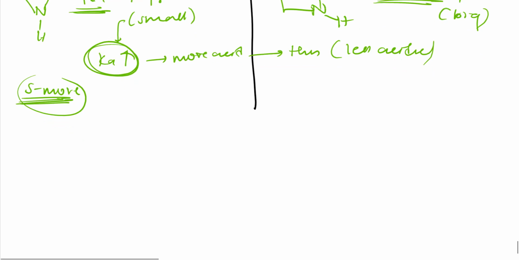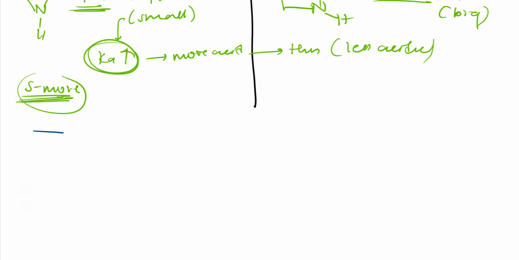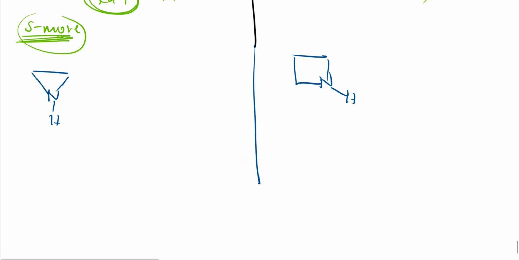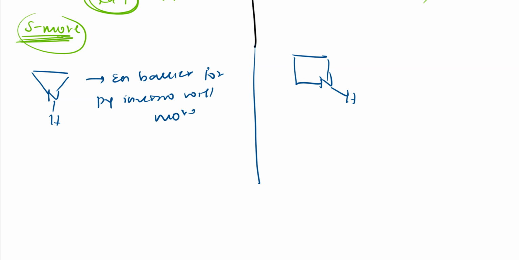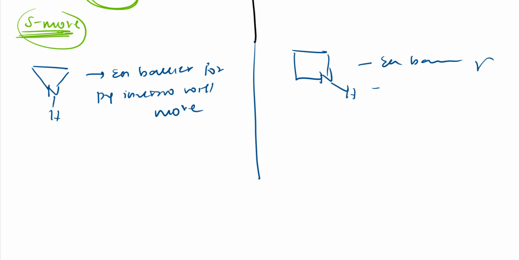One more difference, if you compare the four-membered ring and the three-membered ring: the energy barrier for pyramidal inversion will be more in the three-membered ring, whereas here the energy barrier for pyramidal inversion is less.